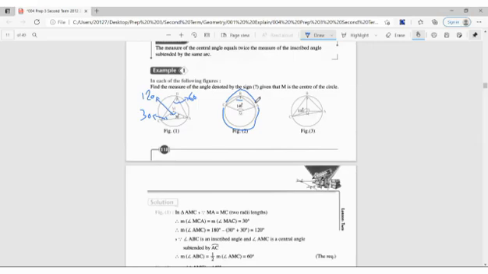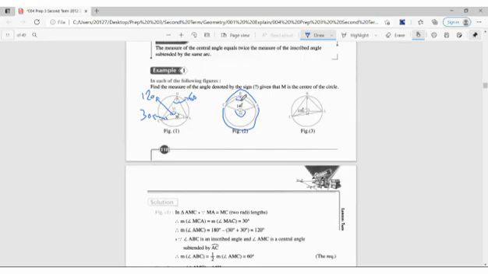So they are not subtended by the same arc. So what can I do now? I have to find this angle, which is the reflex of the central angle, because this angle is subtended by the arc AC. So it will be subtended by the same arc as the inscribed angle.